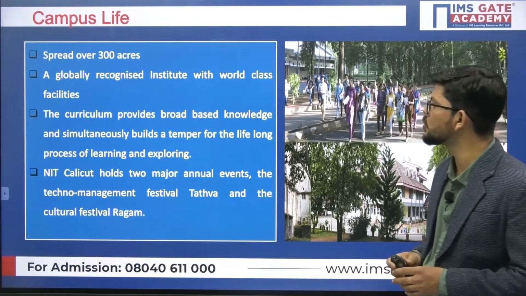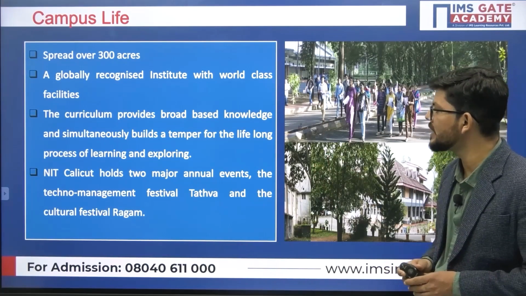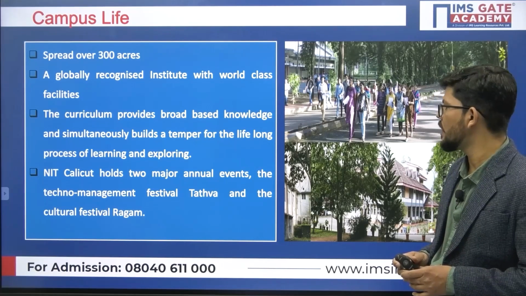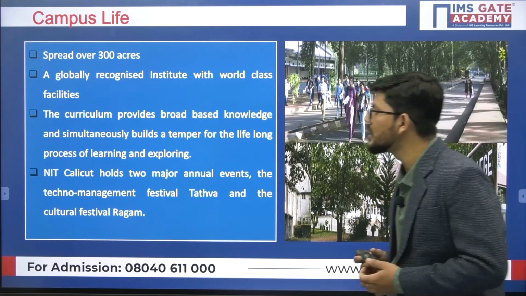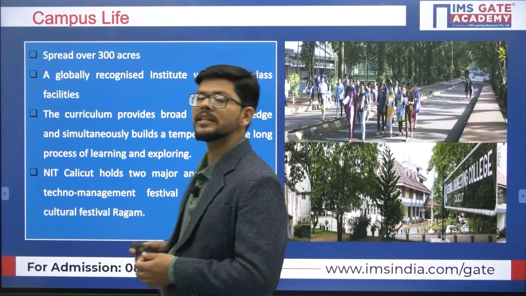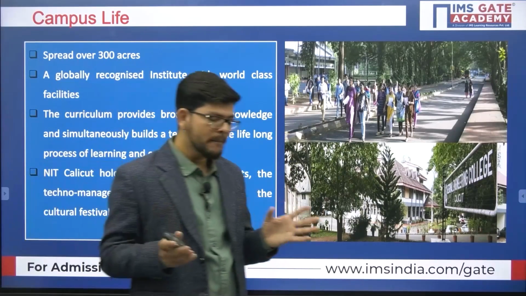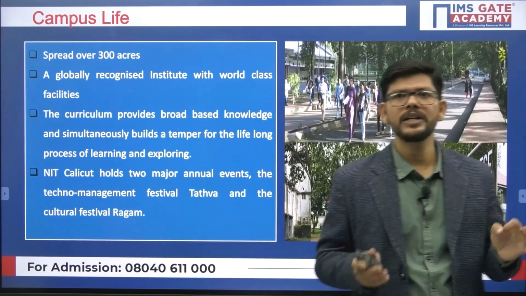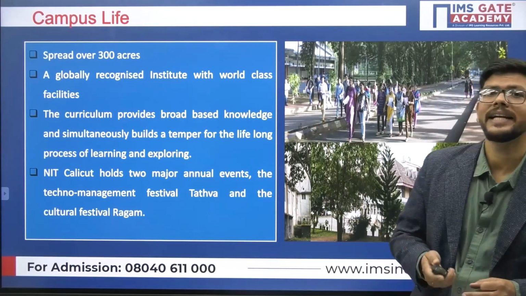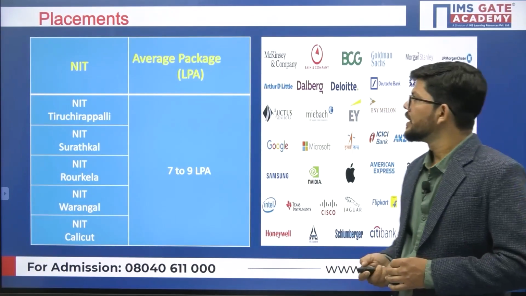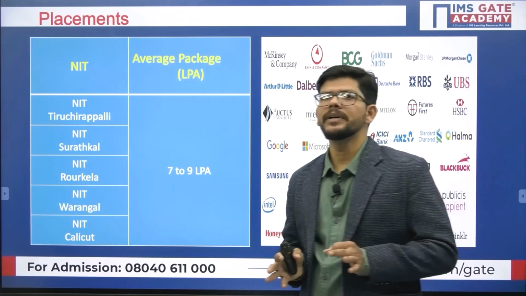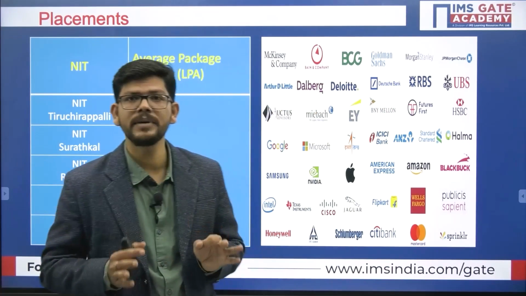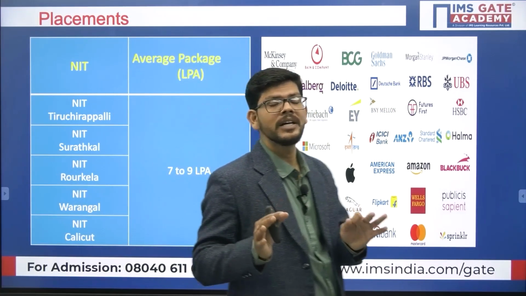NIT Calicut holds two major annual events, the techno-management festival Tathva and the cultural festival Ragam. So you can imagine the kind of campus life and environment that you will be exposed to in NIT Calicut.